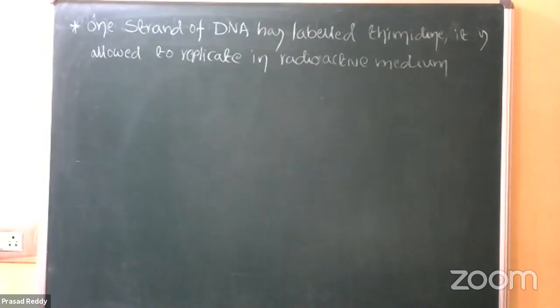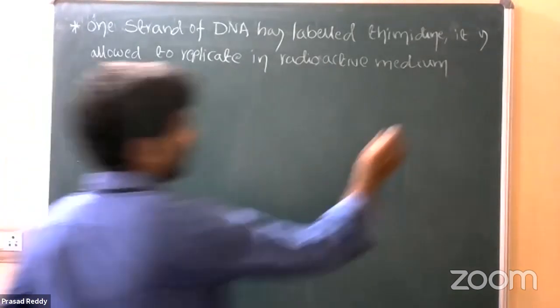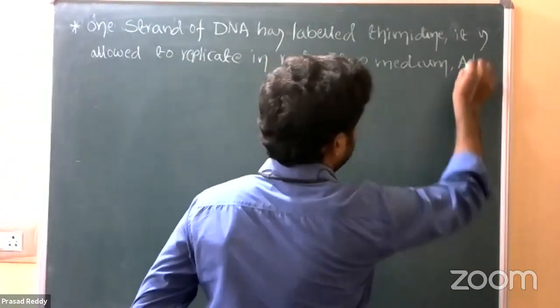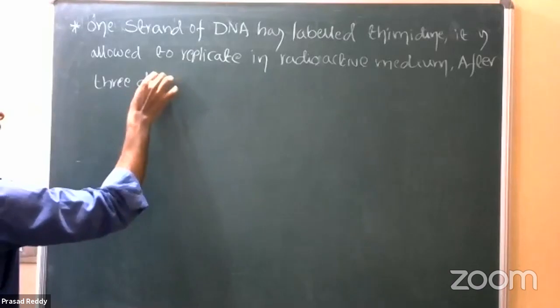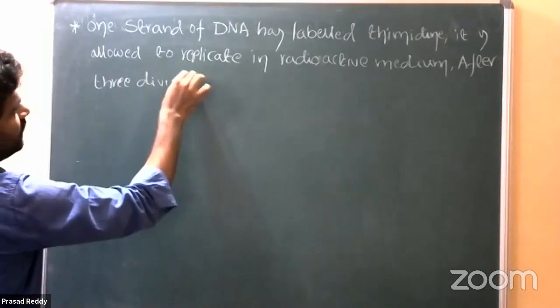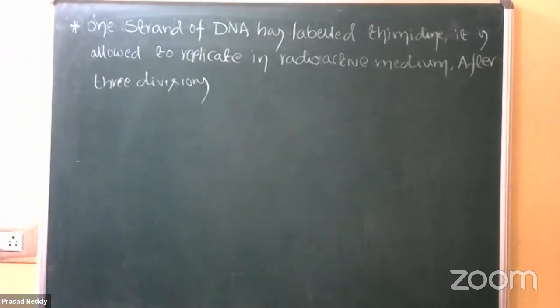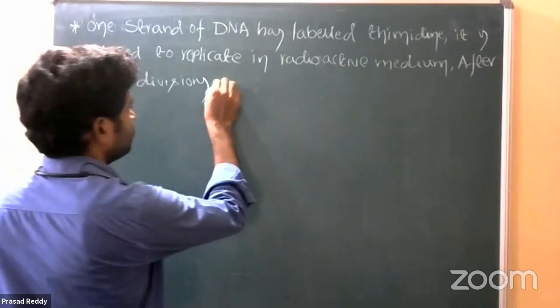After 3 divisions, how many strands of DNA will have labeled thymidine?